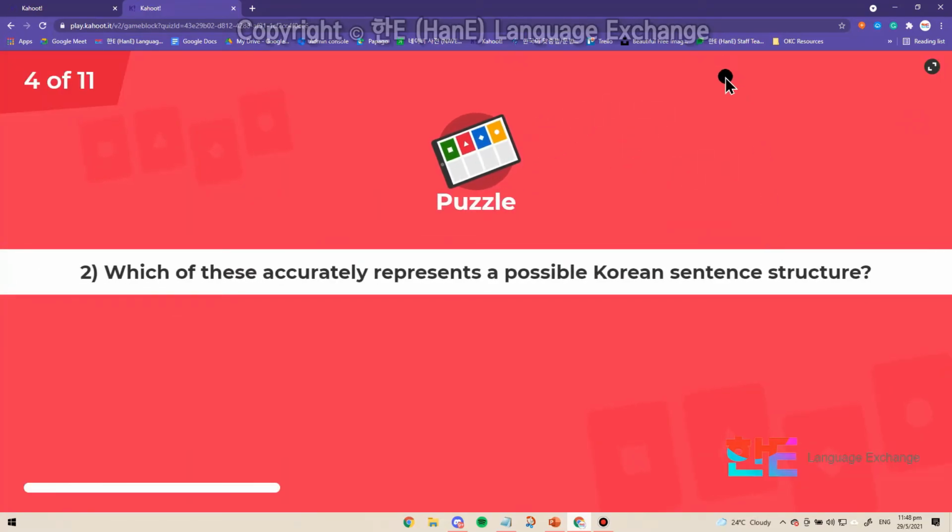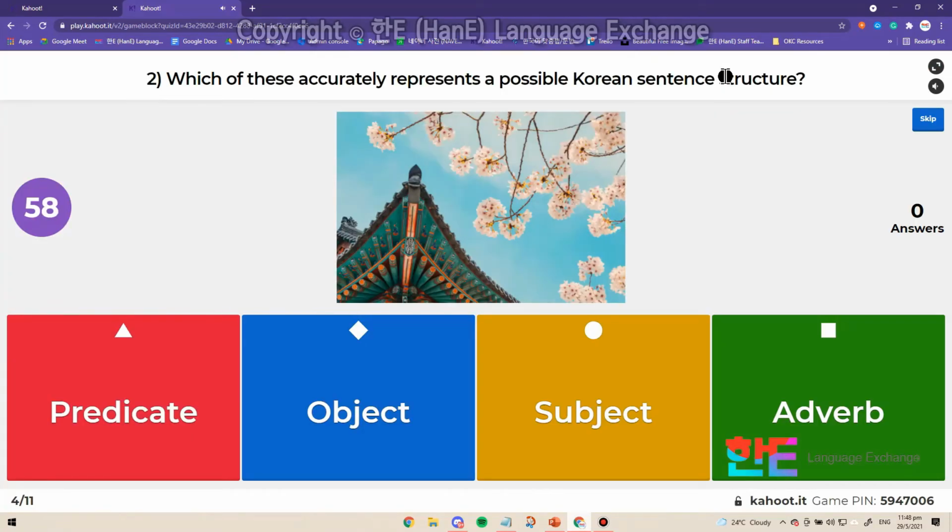So rearrange the options. Which of these accurately represents a possible Korean sentence structure? So it's not the basic one. For those of you who were at the previous open classes, you might know. If not, you may not know. So where does one of them go? I'm sure most of you will be confused at one of them specifically.